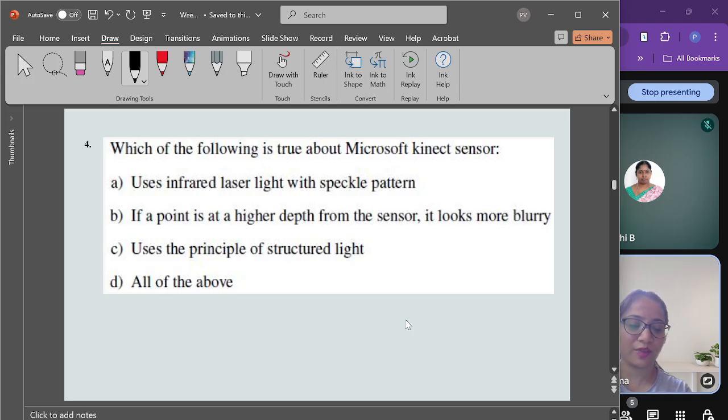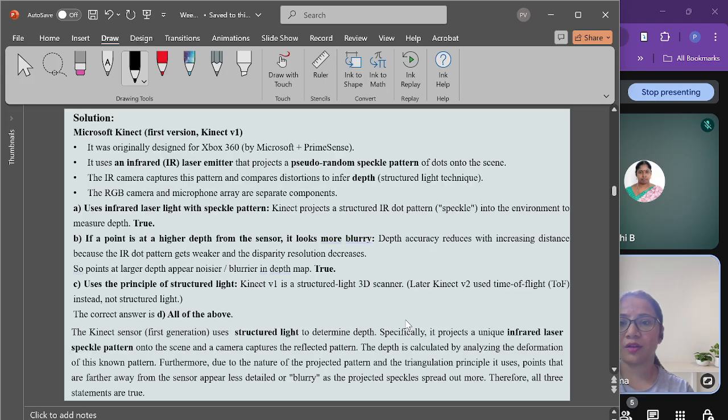Now we will see the detailed solution for this question as well. First we will see what a Microsoft Kinect is. The first version is also known as Kinect V1, originally designed for the Xbox 360 by Microsoft plus PrimeSense.